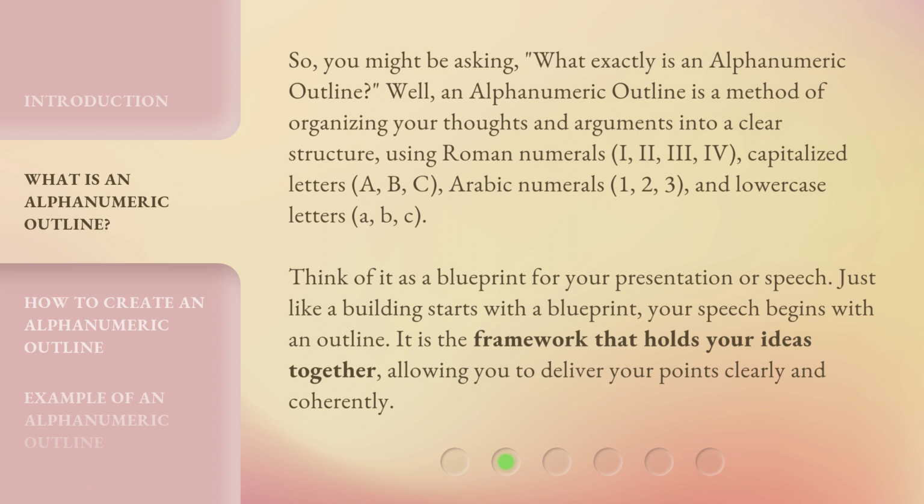Think of it as a blueprint for your presentation or speech. Just like a building starts with a blueprint, your speech begins with an outline. It is the framework that holds your ideas together, allowing you to deliver your points clearly and coherently.